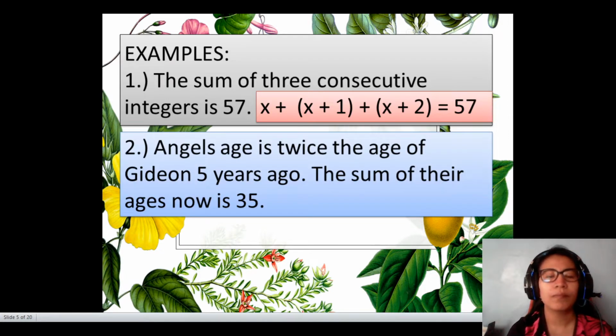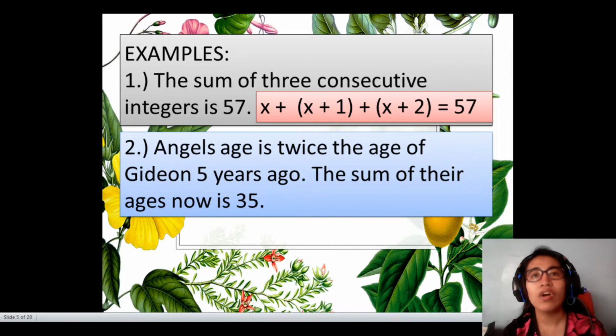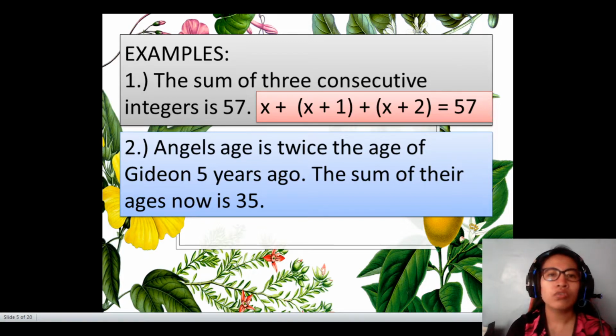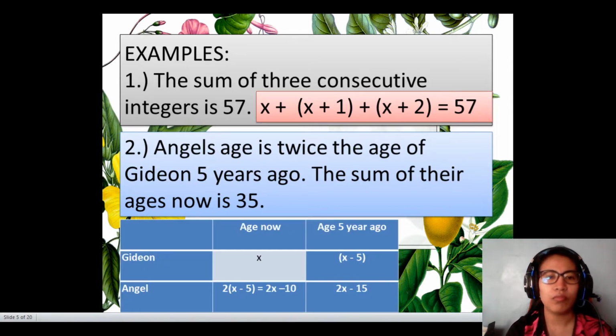Another example, Angel's age is twice the age of Gideon 5 years ago. The sum of their ages now is 35. So to solve this kind of problem, we usually make a table. So this is the table. Age now of Gideon is x.